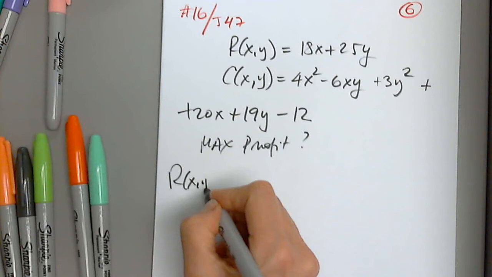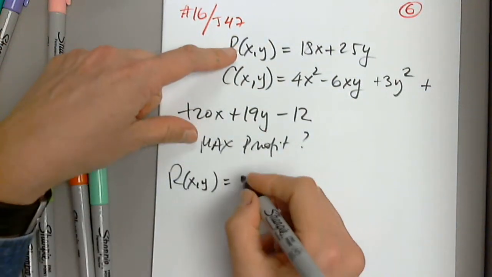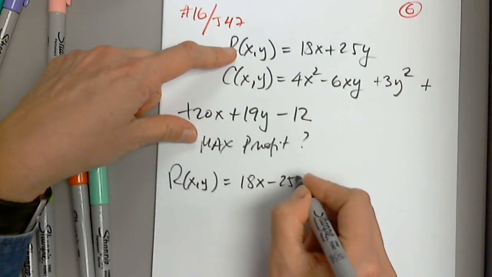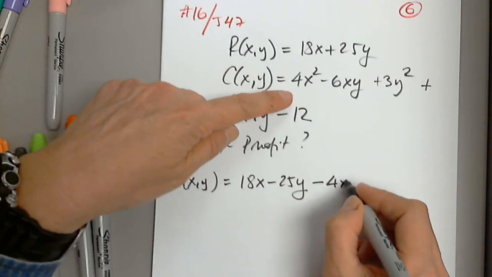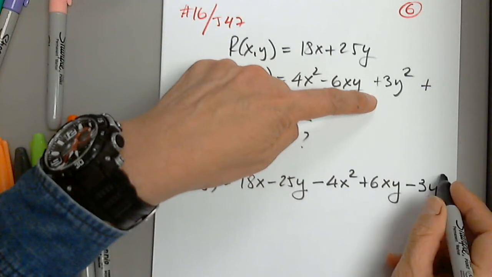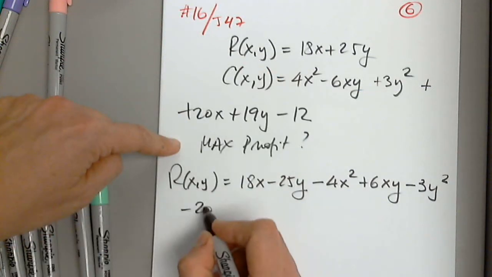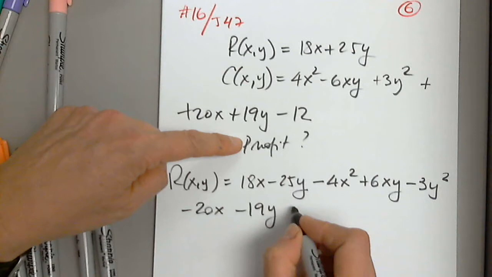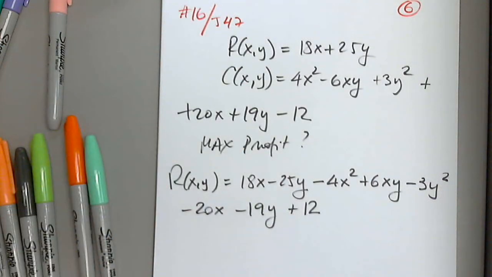P of x, y equals 18x plus 25y minus 4x squared plus 6xy minus 3y squared minus 20x minus 19y plus 12. I have to subtract each and every term coming from the cost function. If I can simplify, I will. And I can, a little bit. Just these 2 are like terms and these 2 are like terms.